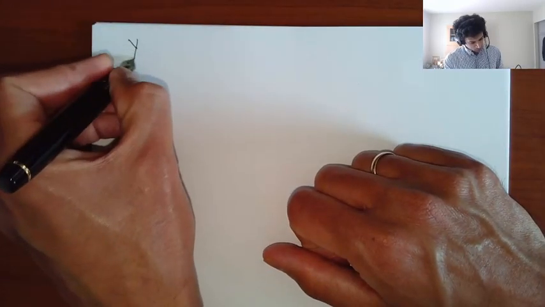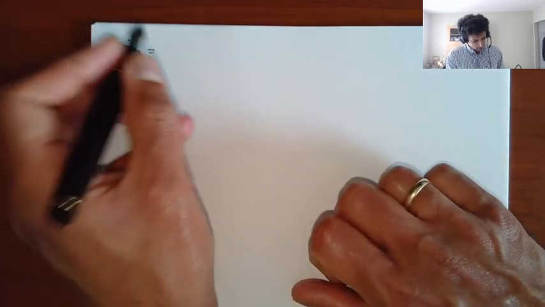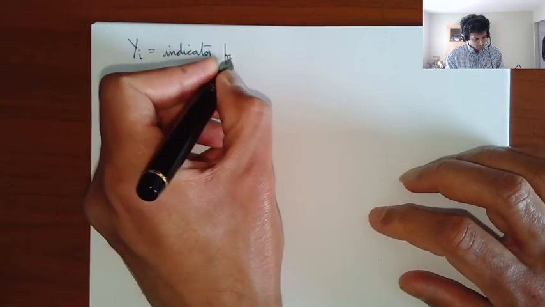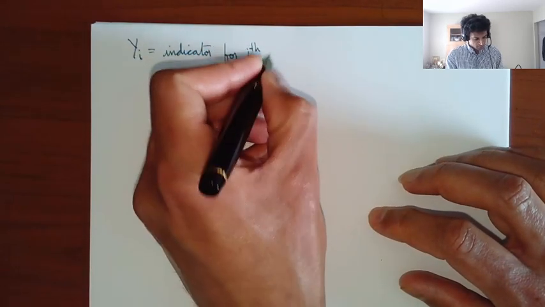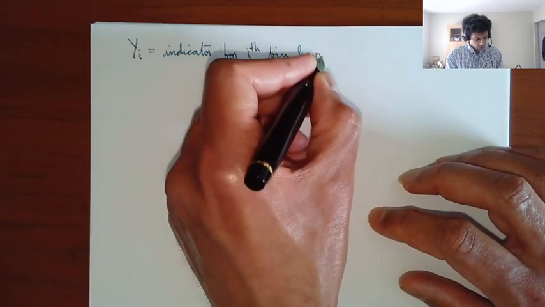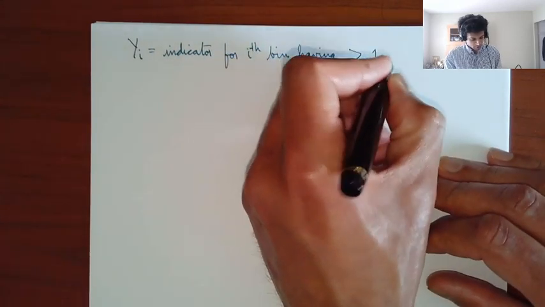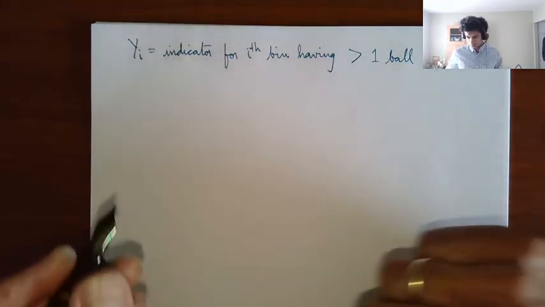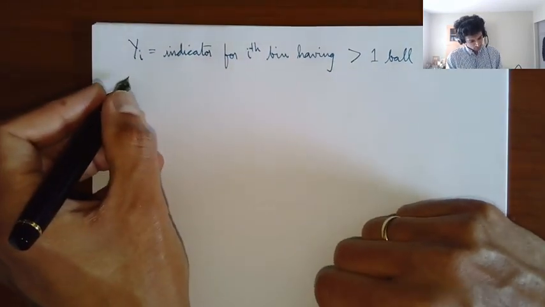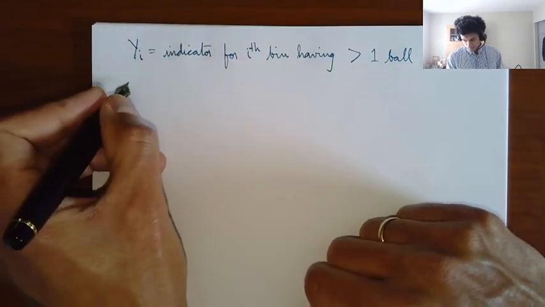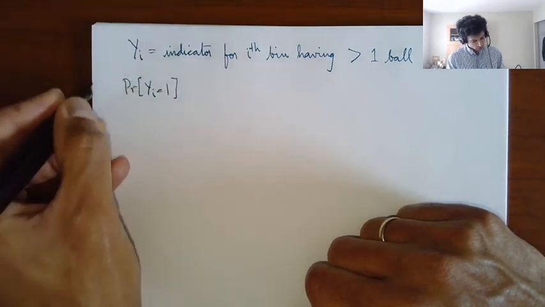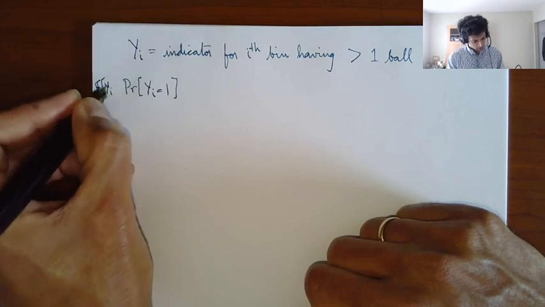So now let yi be the indicator for the ith bin having more than one ball. In this case, let's say what is the probability that yi is equal to 1, which is the expectation of yi.